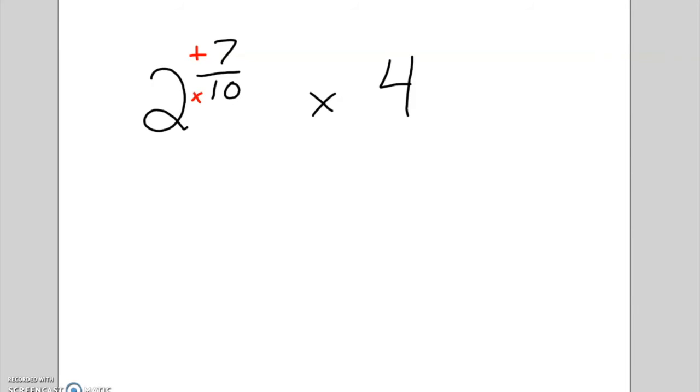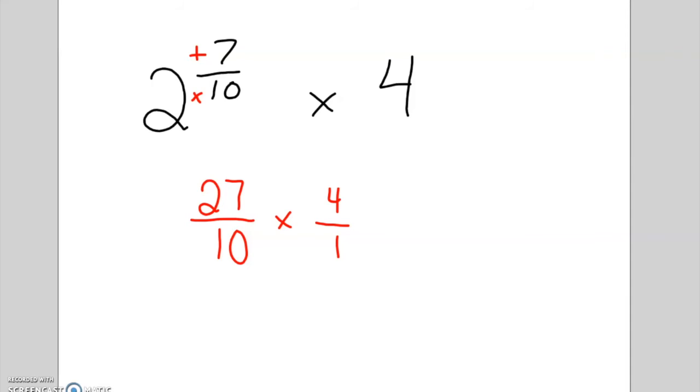All right, 10 times 2 is 20, plus 7 is 27. So that's 27 tenths times 4 over 1. Now I said you could simplify, right? So if you look at the 4 and the 10, the diagonals, one's on the bottom, one's on the top.